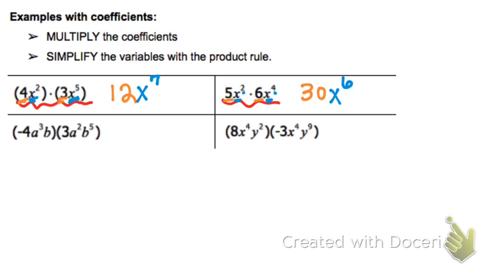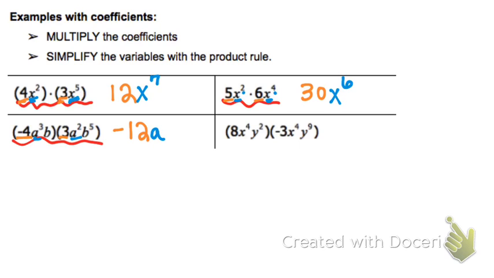And I'll do one more down here in the bottom. We have some negative numbers, still same process. I can multiply the negative 4 and the 3. That's negative 12. And then let's look at the a. Here, a to the third and a to the second.